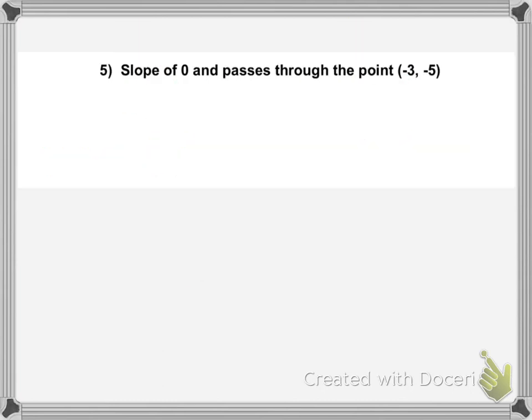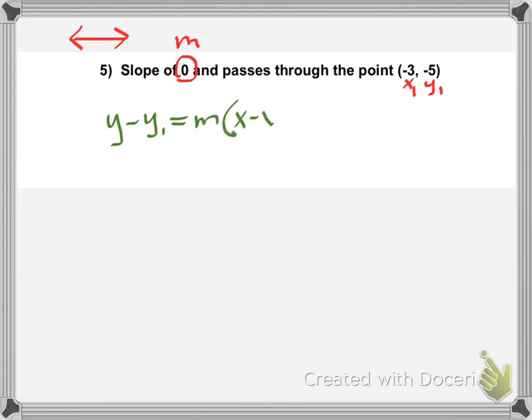All right, let's try this one. This time the slope is 0, so it's a flat, it's a horizontal line. Remember that. The point is -3, -5, so that's my x1 and my y1. Let's go ahead and write our point slope form and plug it in. y minus y1 equals m times x minus x1.